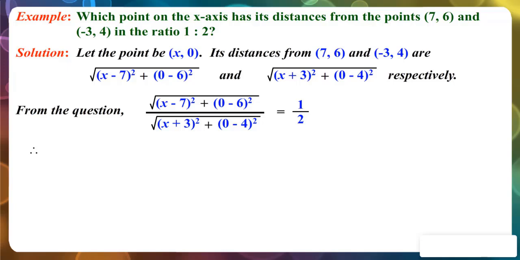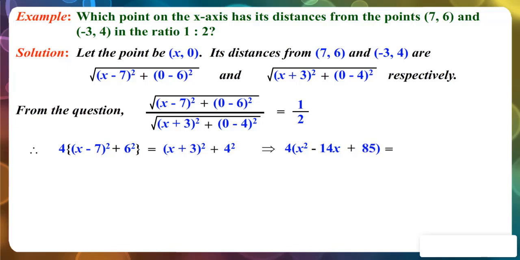Therefore, on squaring both sides and on cross multiplication, we get 4 into (x minus 7) whole square plus 6 square is equal to (x plus 3) whole square plus 4 square. This implies 4 into (x square minus 14x plus 85) is equal to x square plus 6x plus 25. Taking like terms on one side, 3x square minus 62x plus 315 is equal to 0.